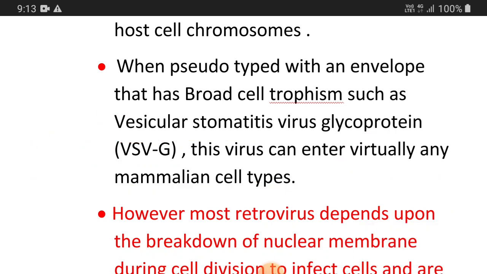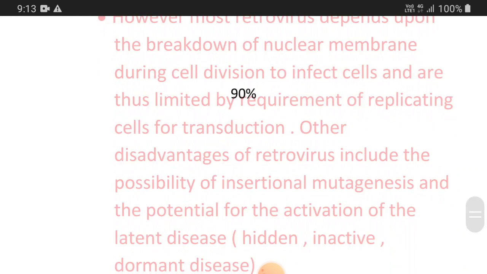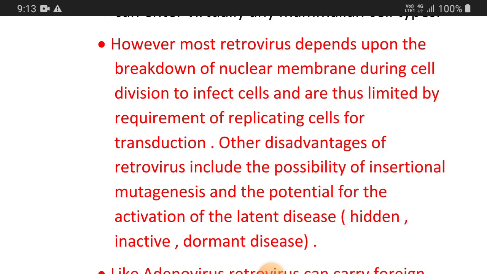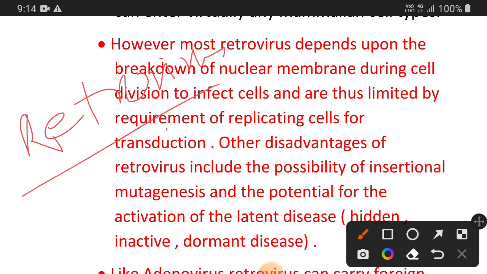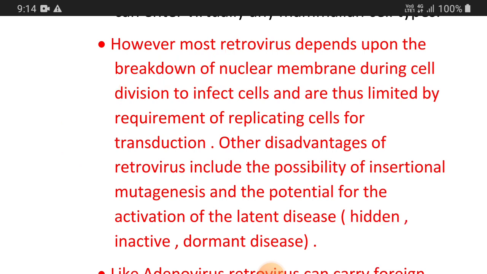Now let's discuss the disadvantages of retroviral based vectors. The main disadvantage is that it can only transfect cells where the nuclear membrane is broken down during cell division. That means we have to rely only on dividing cells to transfect with retrovirus.